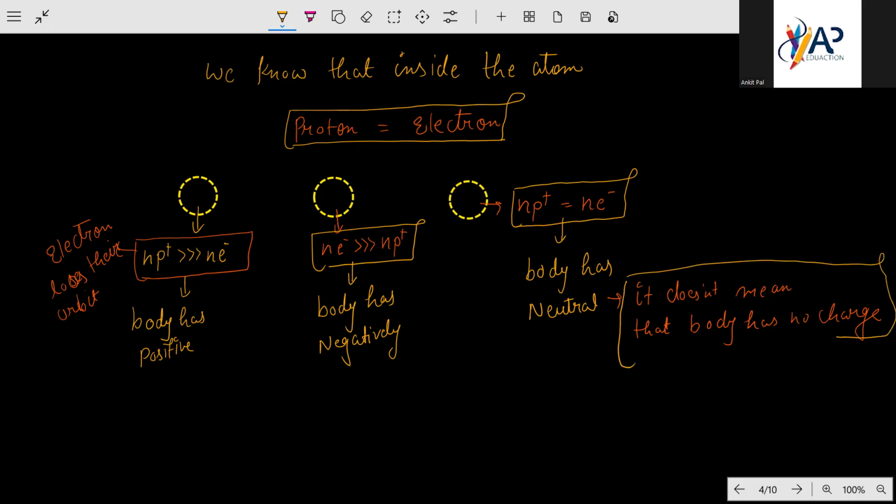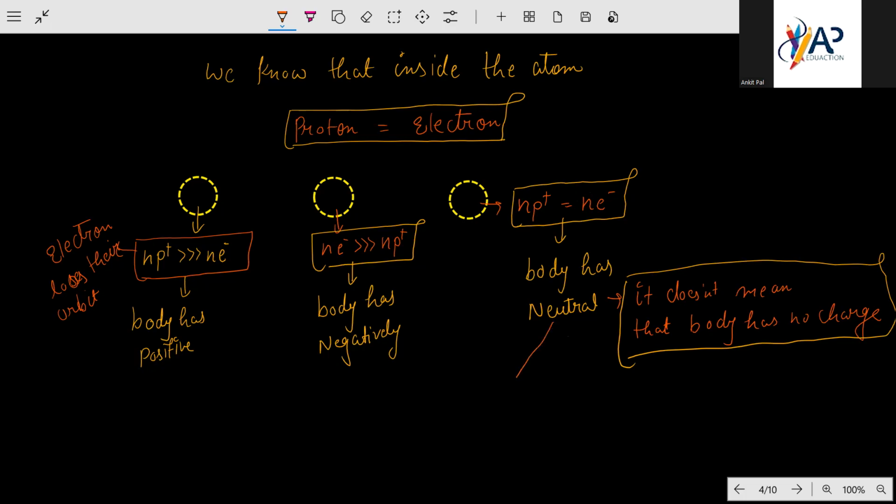Sir, how can a body have charges? Listen, when we say the body is neutral, it means the numbers of protons and electrons are present in the same amount but with different signs.